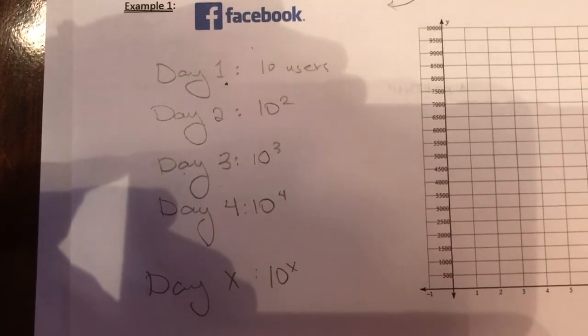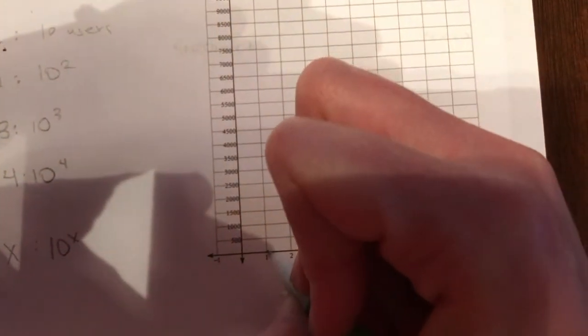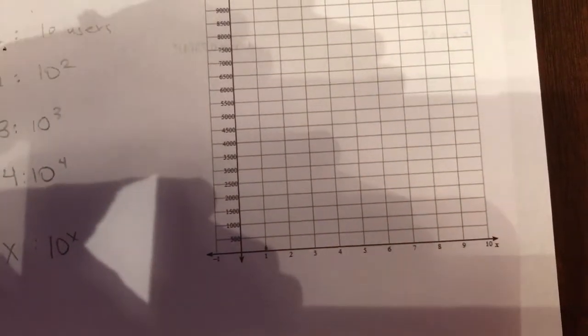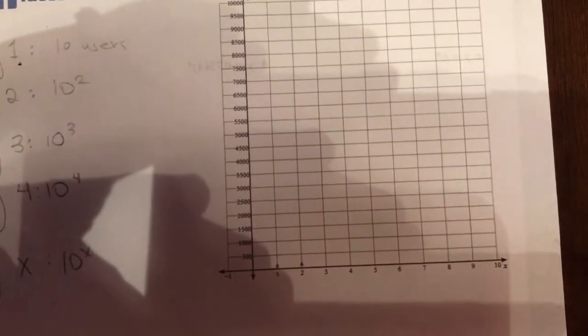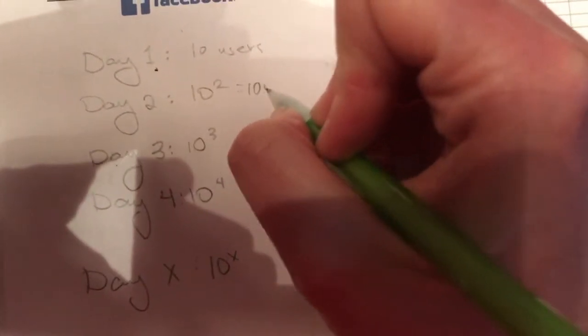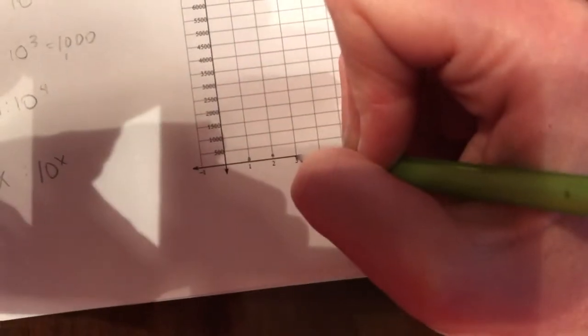So we could go over here and graph this. On day 1, we had 10 users, somewhere way down here close to 0 on the y-axis, followed by 10 squared, which is 100, so up just a little bit. And then on day 3, let's go back here and write these out. We have 1,000, so day 3 we're up to 1,000.